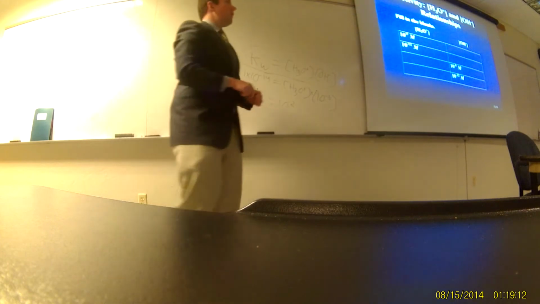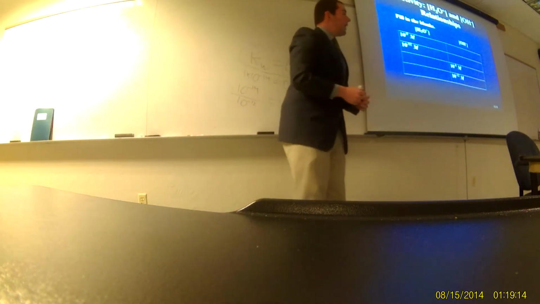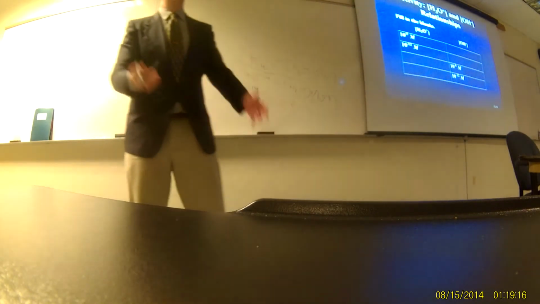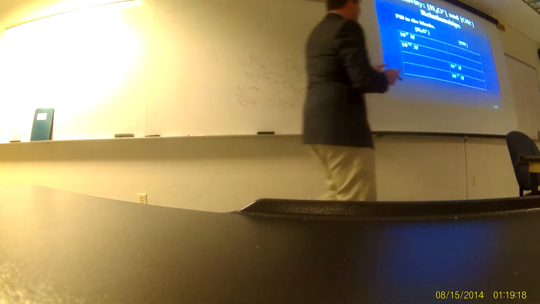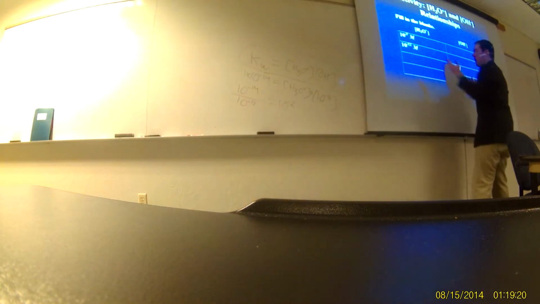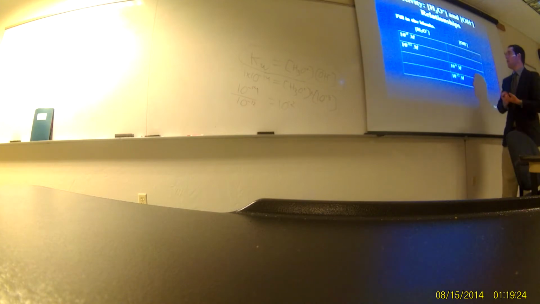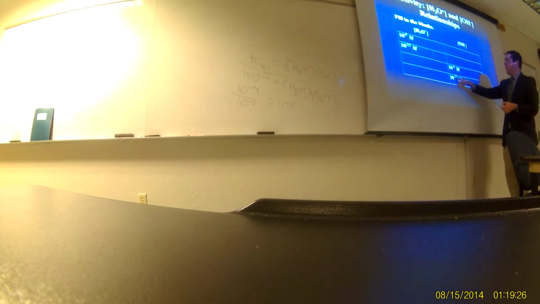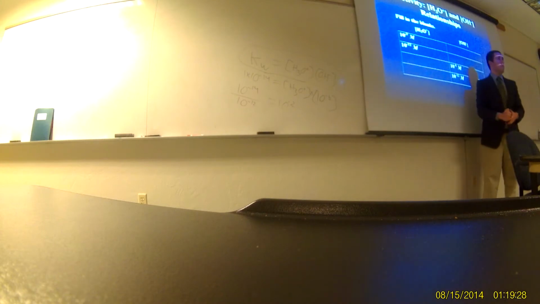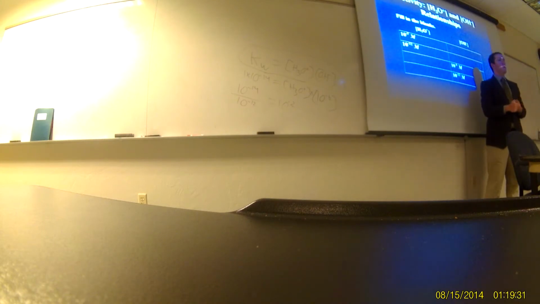Once you get comfortable enough with it, you don't even have to do any of this. You can just look at it and say, my exponents have to add up to negative 14. So here, if this one's negative 12, this one must be negative 2, because that's what makes negative 14.